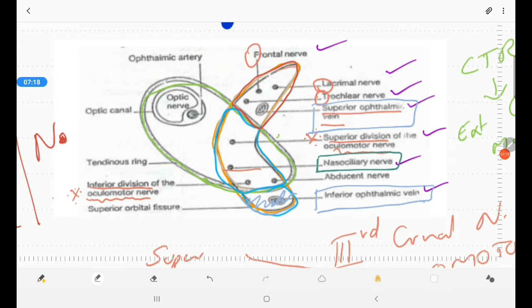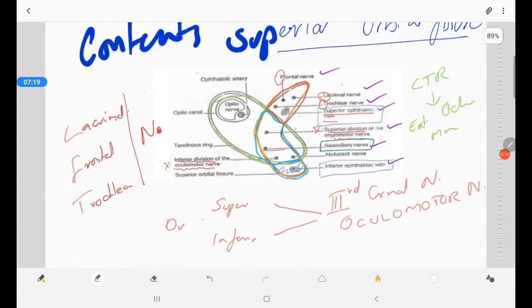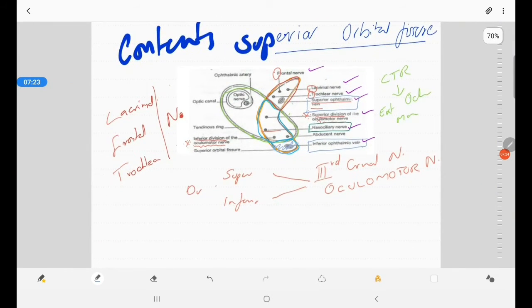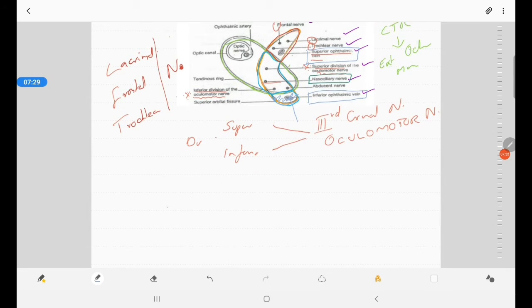The structures in the common tendinous ring are the structures in the central part of the superior orbital fissure plus the optic canal.